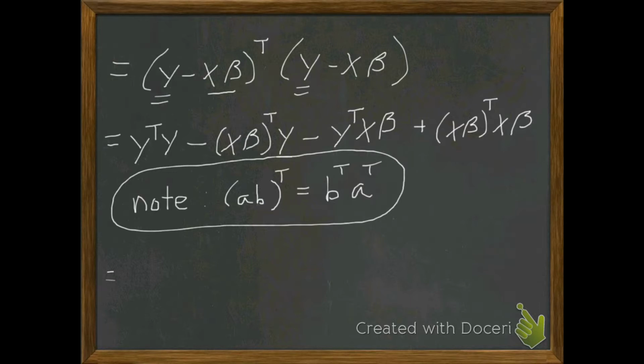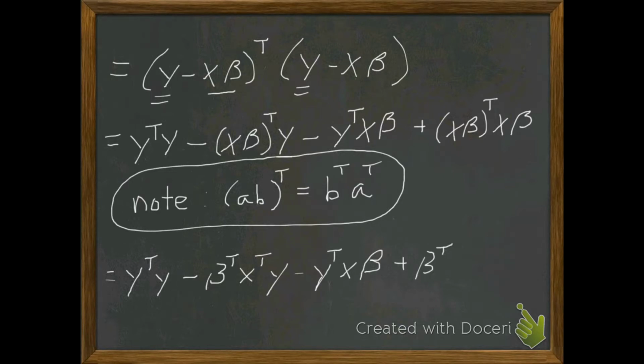So what we're going to end up with here is y transpose y, and this allows us to look at the next term. And same argument here. We're going to get beta transpose X transpose X beta.